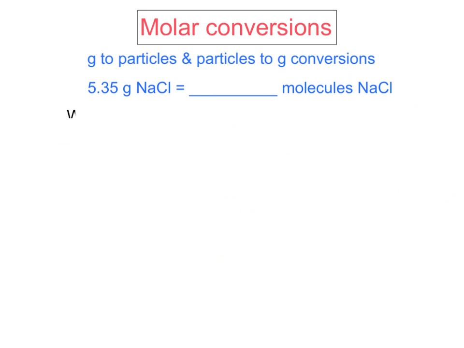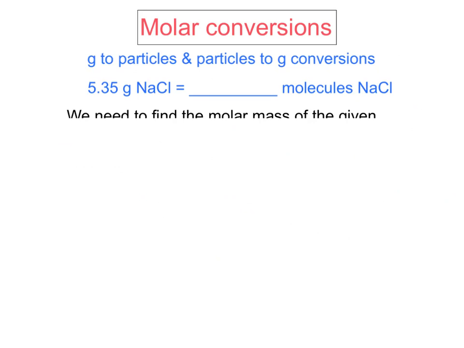So this example looks very similar to the first example that we went over, going from grams to moles. We are going to go from 5.35 grams of sodium chloride, and instead of going to moles, we're going to molecules. So the first thing we need to do again is calculate the molar mass of the given element, molecule, or compound.